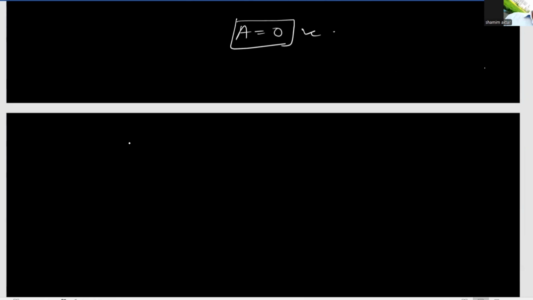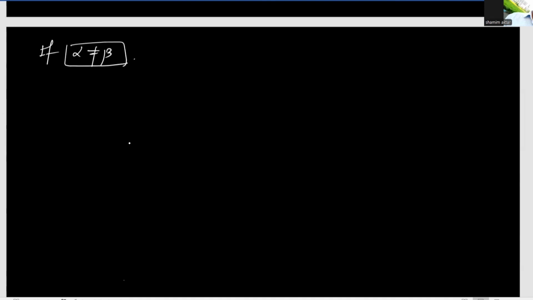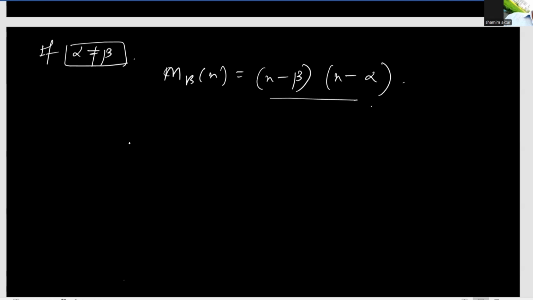Now if alpha is not equal to beta, in this case, the minimal polynomial of B is equal to x minus alpha and x minus beta. These are distinct linear factors, because B is diagonalizable.